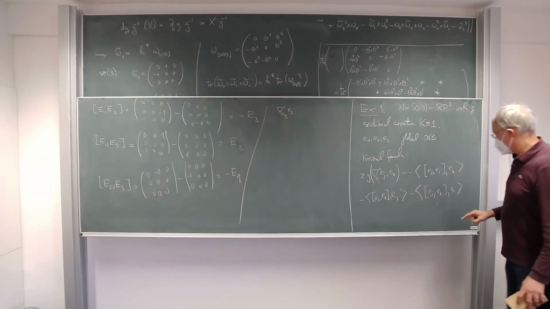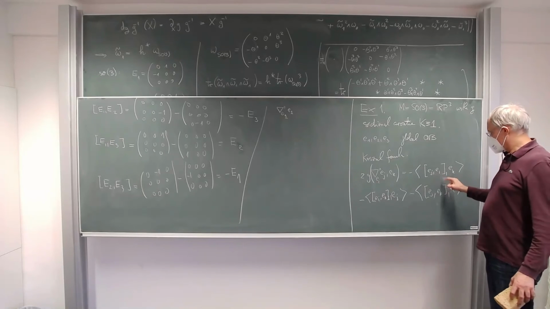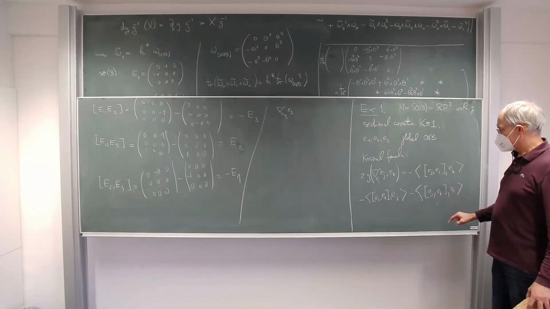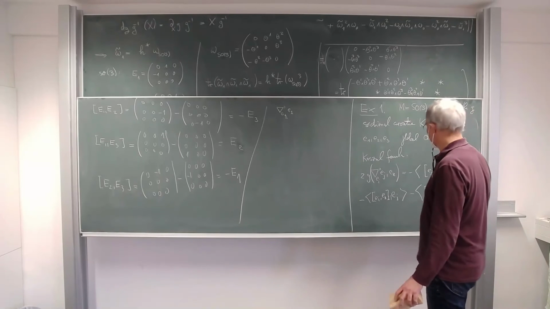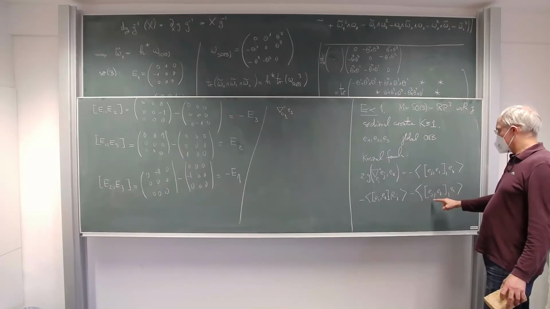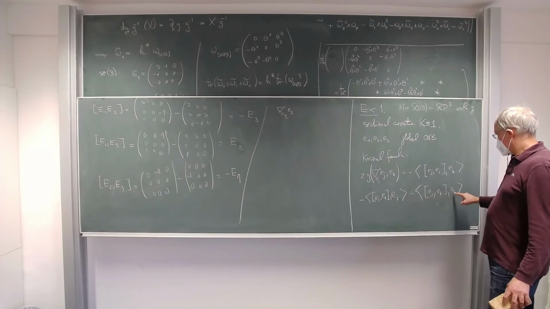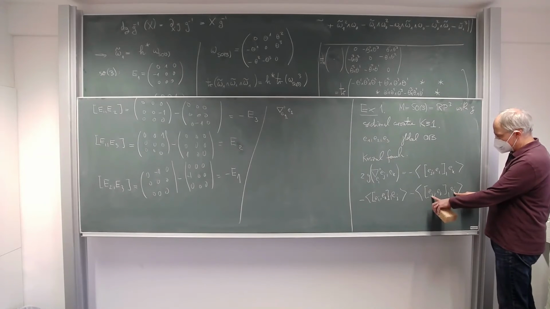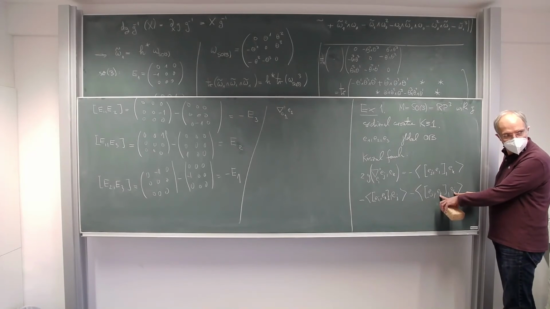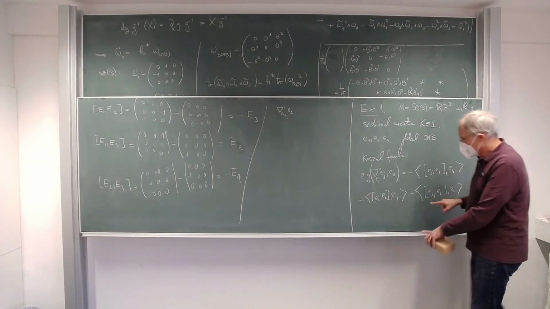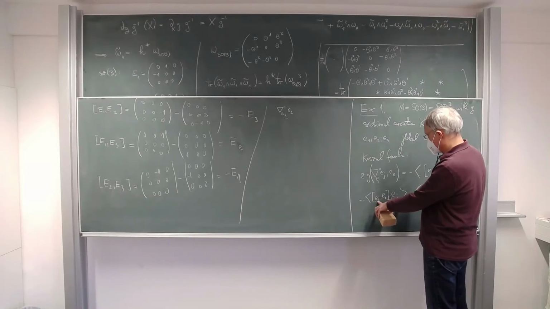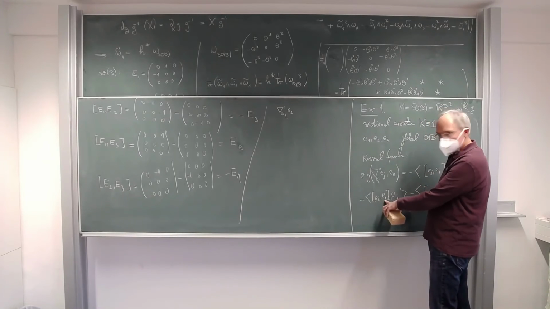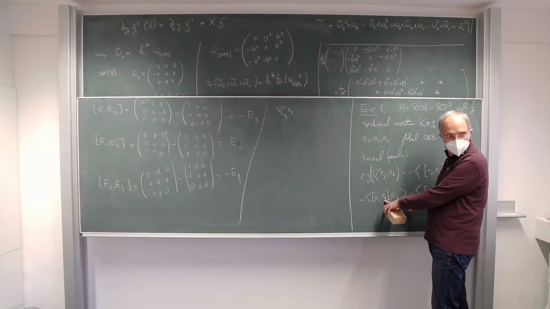Then this goes away, and this bracket is 0. Then I have a 1 here and a 1 here. Can I get that? No, no matter what I bracket it with, it will always give me 2 or 3. So if I multiply with 1, I get 0. Similarly, I have 1 here, 1 here. So no matter what I put in here, this will never give me an E1, so the scalar product will be 0.